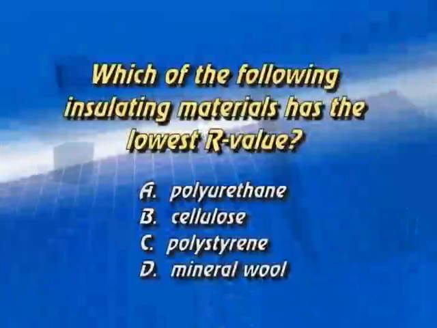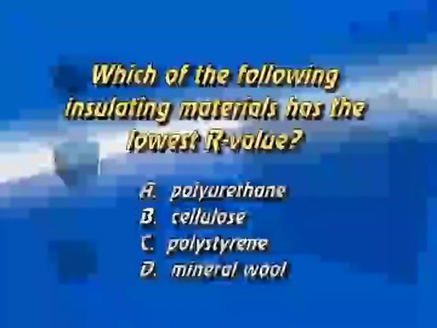Number 43. Which of the following insulating materials has the lowest R value? The answer is mineral wool. And you might get this more by experience than by simply reading. If you've ever been in an older house and seen mineral wool spread around, you can see a lot of voids, a lot of air spaces, and that lowers the insulating value of any material.